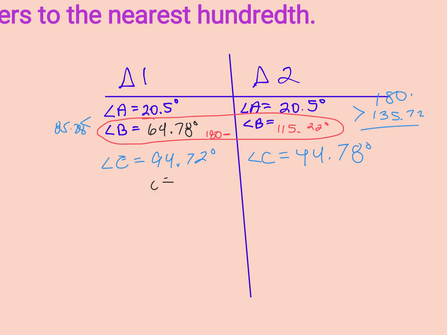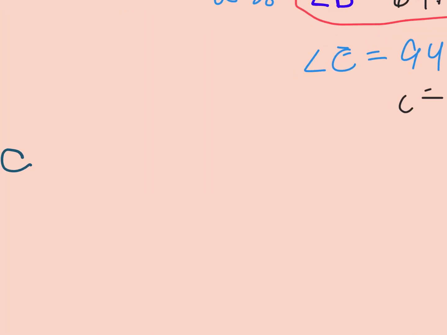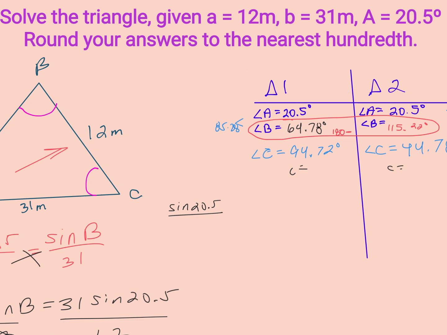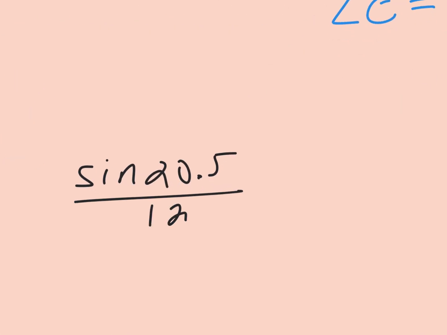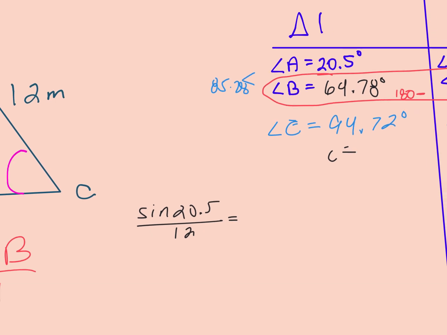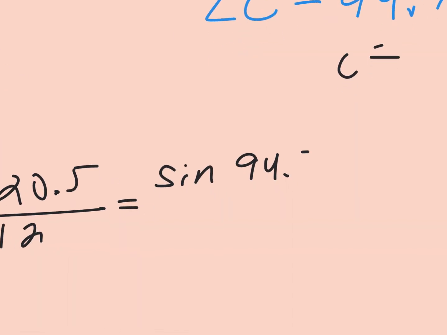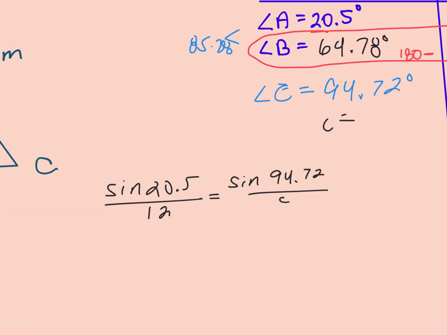So we can solve for side C in both triangles. You just have to use the angle measure that you found. Go back to your original information. They gave you sine of 20.5 divided by the side length 12 equals, in our first triangle, how big was angle C? Okay, so you have sine of 94.72 over little c.